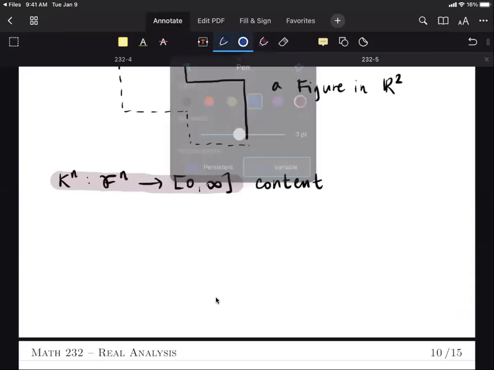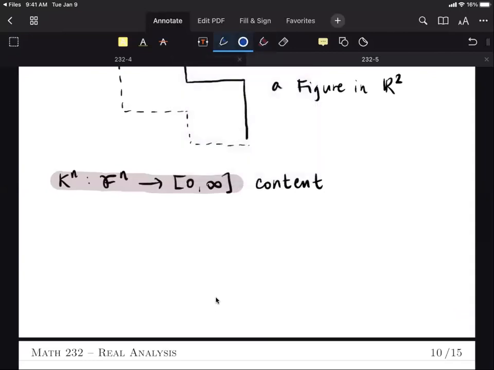Here, to apply the Carathéodory and Hahn-Kolmogorov extension theorems, we want to establish that kappa n is not only a content, but also a premeasure.